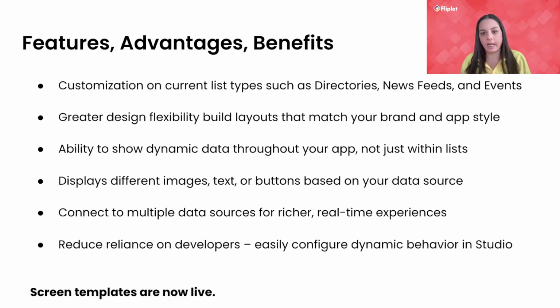So screens, headers, different components, images, text, buttons, depending on what you're looking for, all of those can now be powered by data sitting in your data sources. So a lot more control over how we can show data dynamically in our app in different locations, not just relying on that list view anymore.